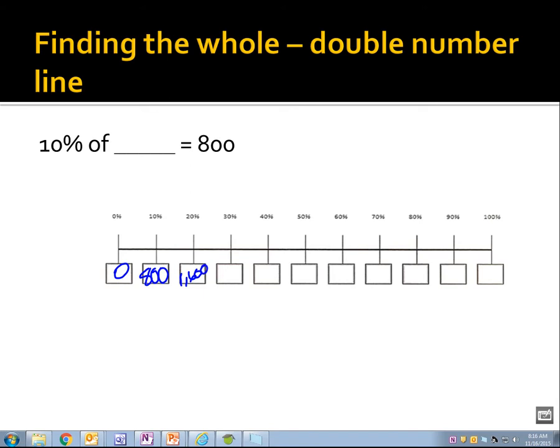Then would 30% be twice as much as that? No, it would be times 3. Good. It would be 800 times 3, exactly. So 2,400.